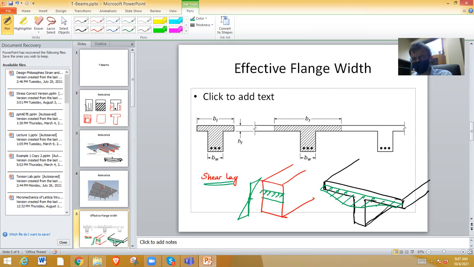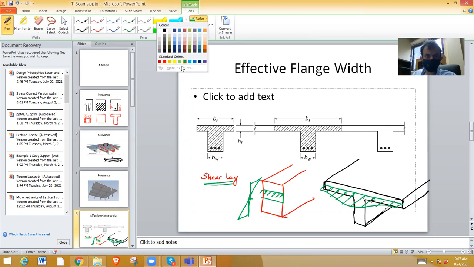That means towards the center part of the beam, the normal stresses due to bending are much higher and the ends of the beam do not contribute as much. If you remember, if I take this T section and make two cuts here and here, and look at this area, this area is carrying shear, right?